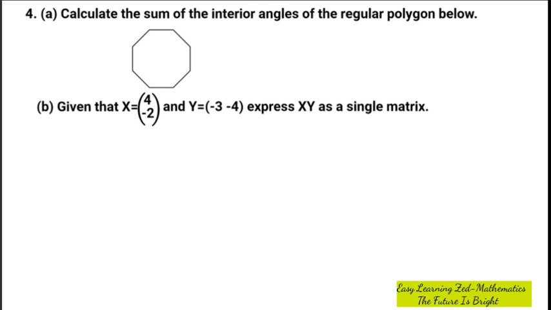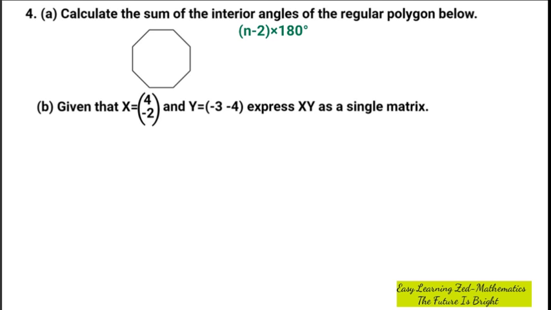We are told to find the sum of interior angles of this regular polygon. The formula we use is n minus 2 multiplied by 180 degrees.